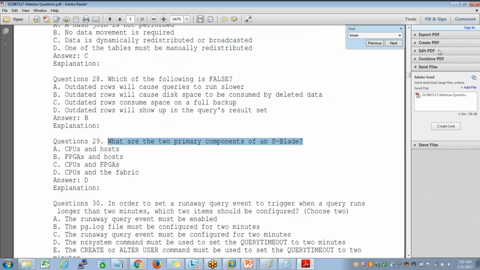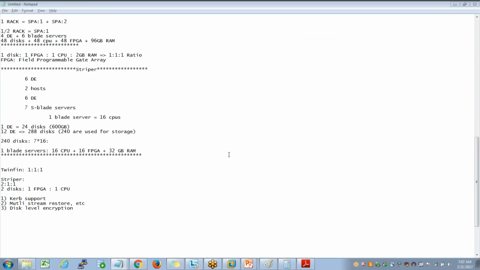But by the way, what is FPGA? Ravi, you said something about FPGA. FPGA is a class of processor. What it used to do in front of the CPU is filter unnecessary data.